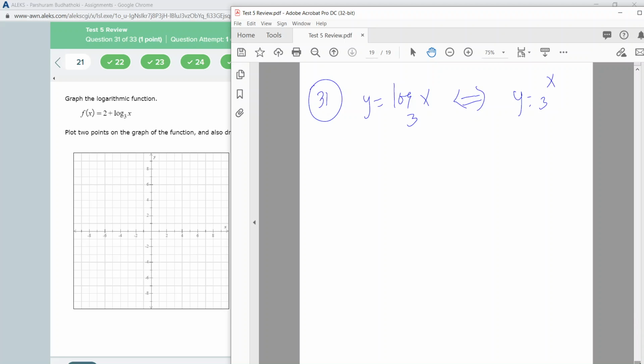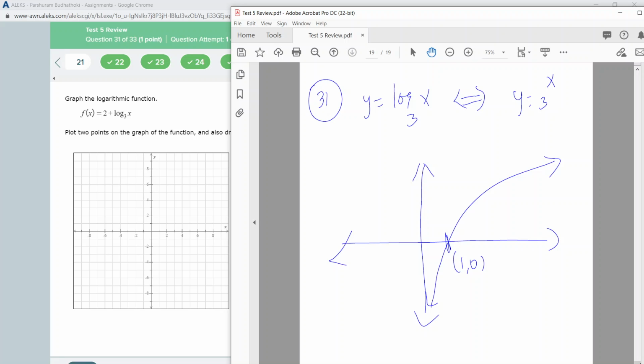If I do that, the graph of log base 3 of x gives me this kind of graph, and I can find some points like at 1 it would be 0, at 3 it would be 1, and then if I choose something like 3 to the power negative 1, which is 1 over 3, then the value would be negative 1.